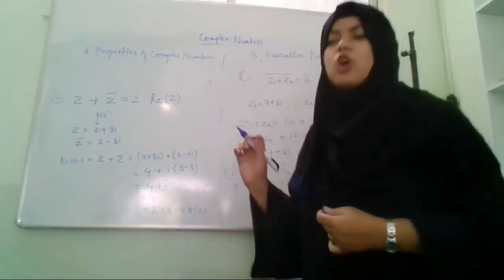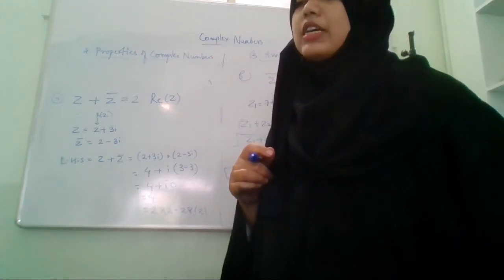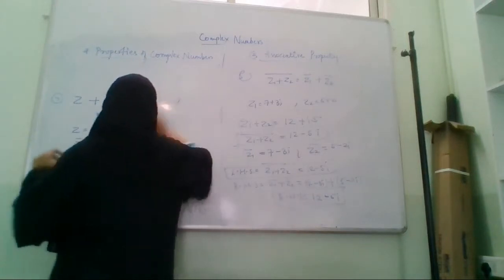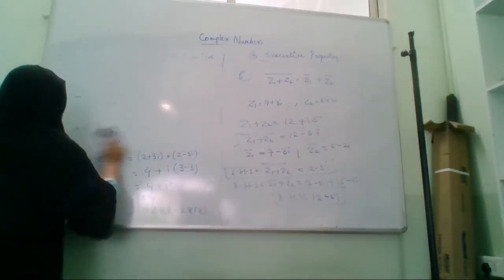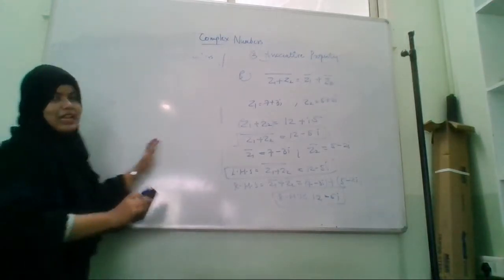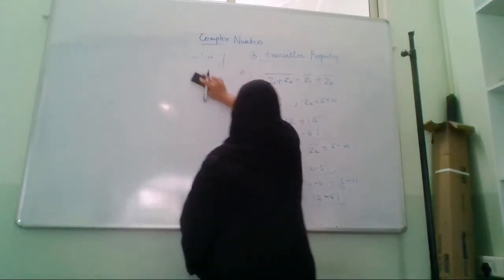Now the next algebra is scalar multiplication. So this was the second algebra, that is addition. Now we will see the next algebra, that is scalar multiplication.